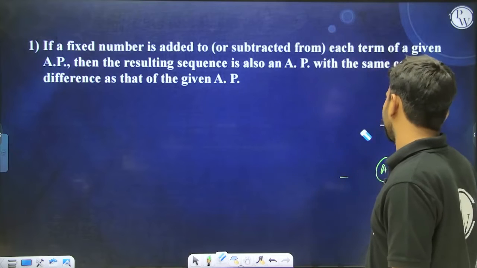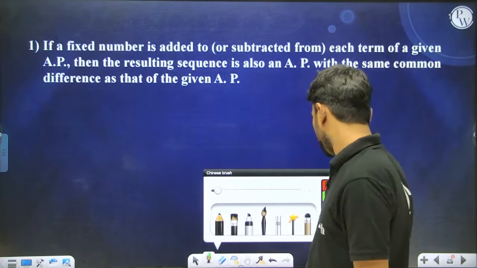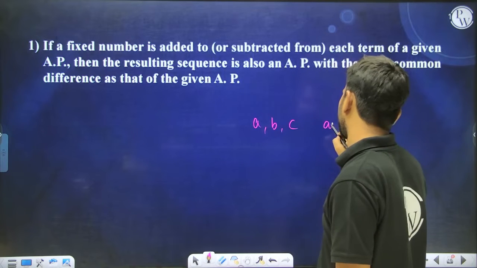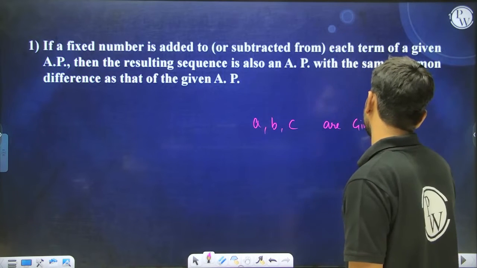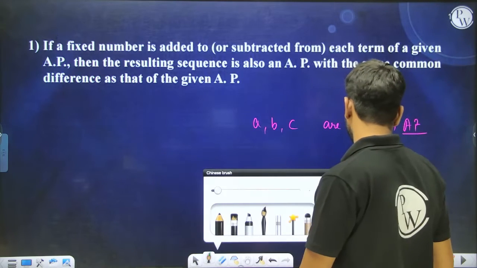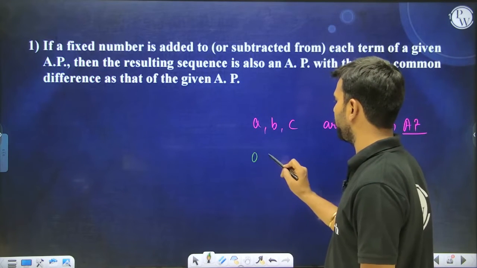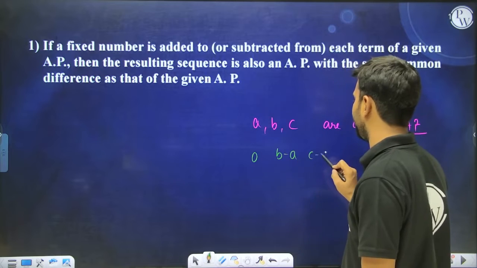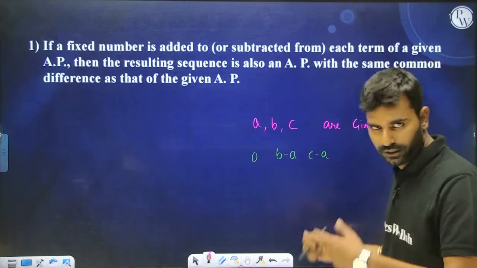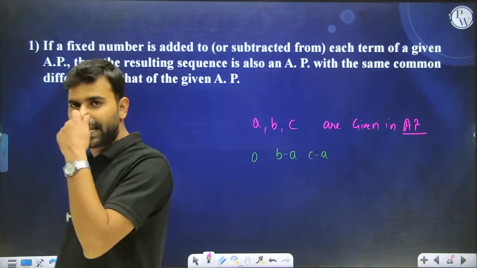In problems like this, let's say A, B, C are given to me in an AP, and I want to know about 0, B minus A and C minus A. These three things will be in what? AP, GP or what? Questions like this will come.